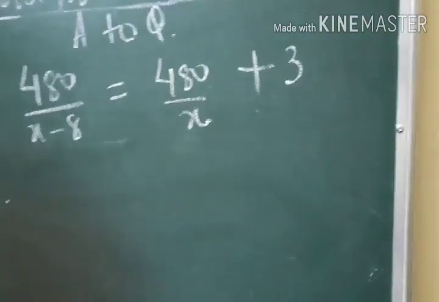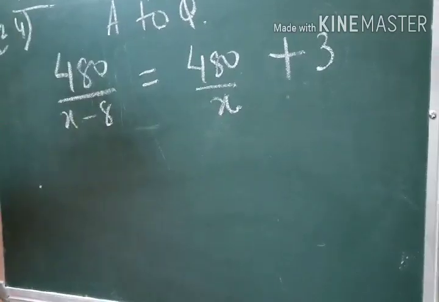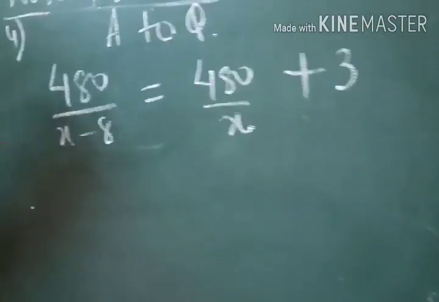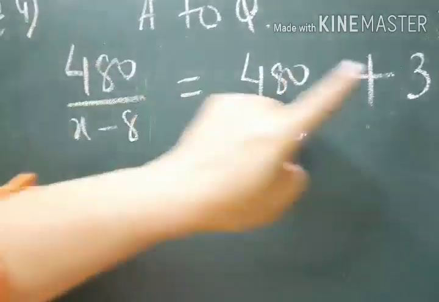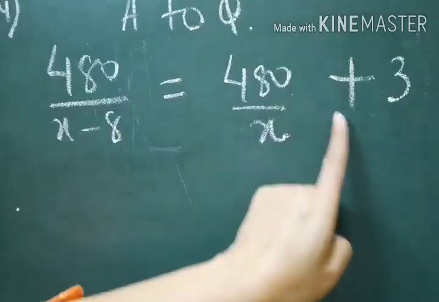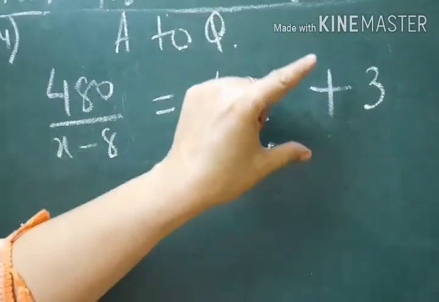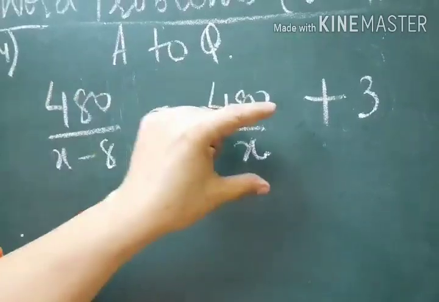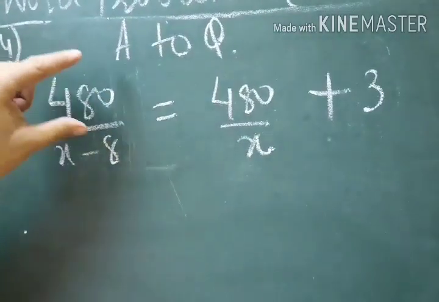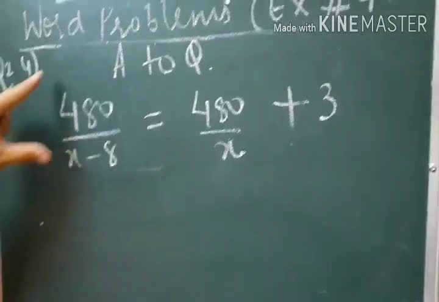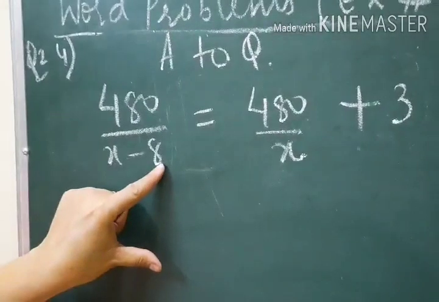You have to read the question carefully: if the speed had been 8 km per hour less, it would have taken 3 hours more. Now 3 hours more means plus 3, which is time, and time needs to be added to time only. That is why I am taking both the times. As it is written, if the speed had been 8 km per hour less, I have taken the time which the train takes when the speed was x minus 8.